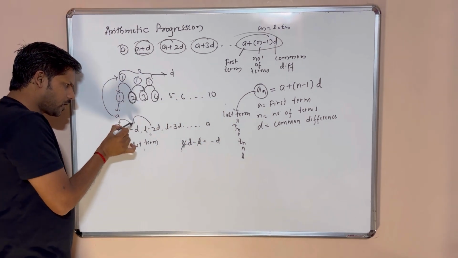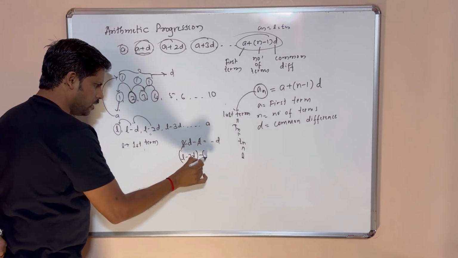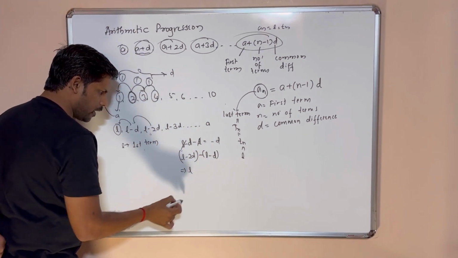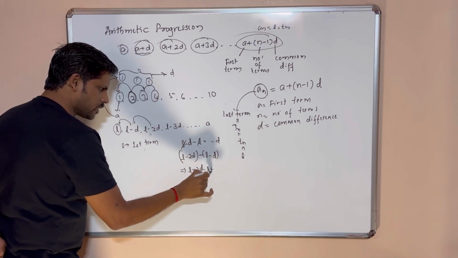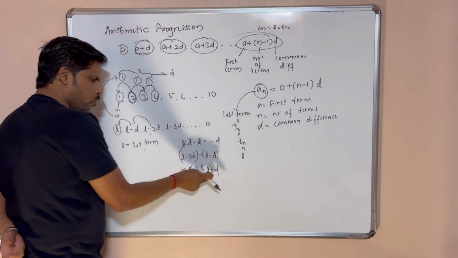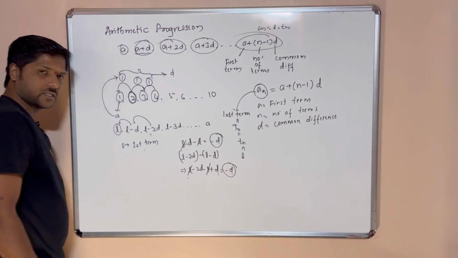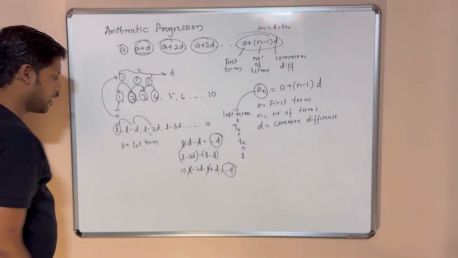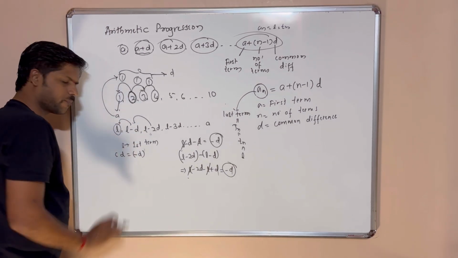What about third term and second term? l minus 2d minus (l minus d). After removing the bracket we get l minus 2d minus l plus d. Here plus l minus l get cancelled. Minus 2d and plus d is again minus d. So the common difference is minus d when we calculate from the end.